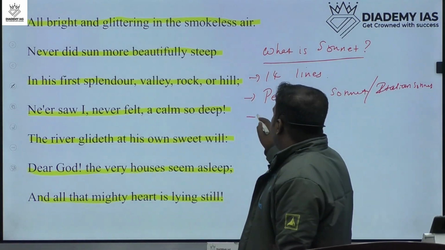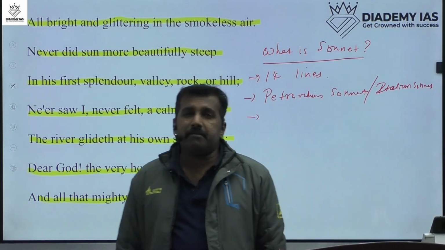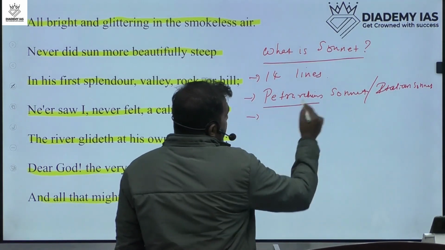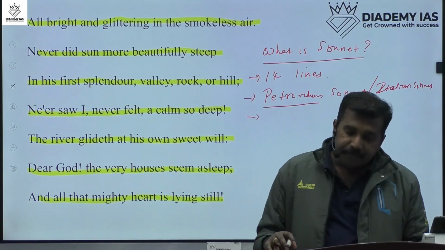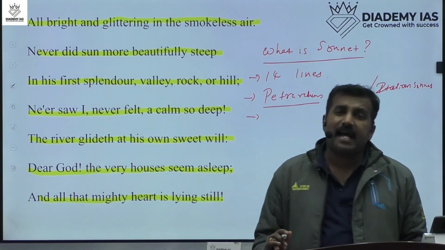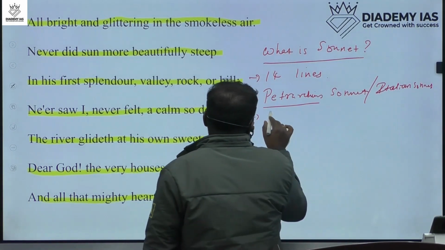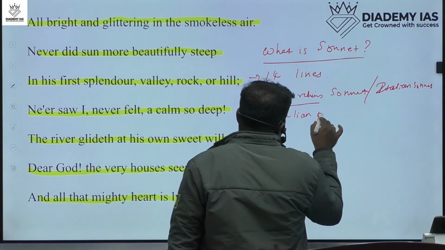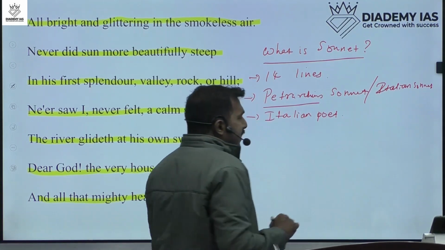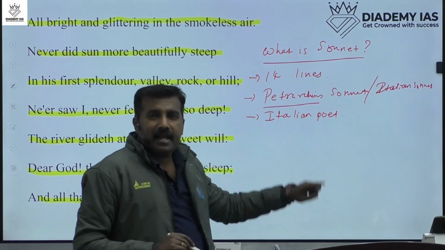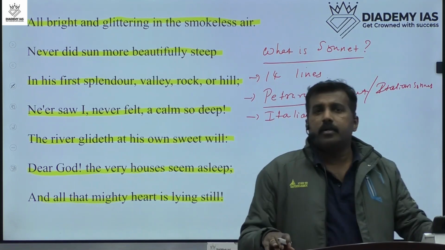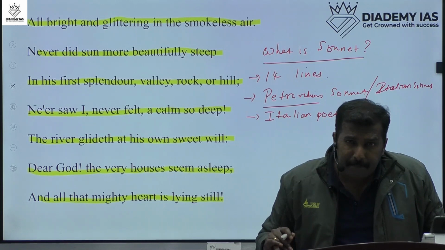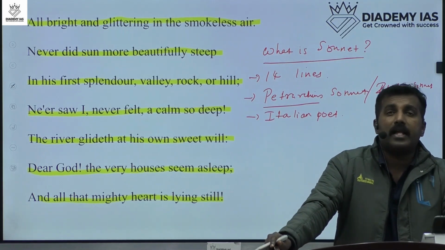Then why is this poem named a Petrarchan sonnet? Because Petrarch is considered an Italian poet. Petrarch was an Italian poet, and this poet played an important role in the development of Petrarchan sonnets.